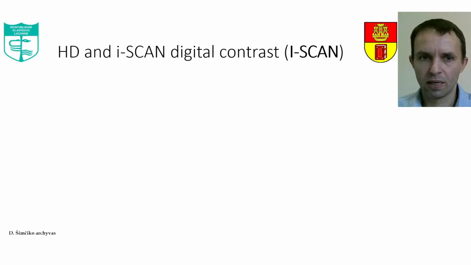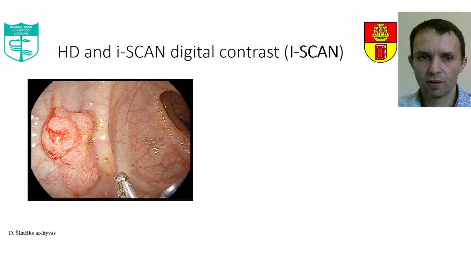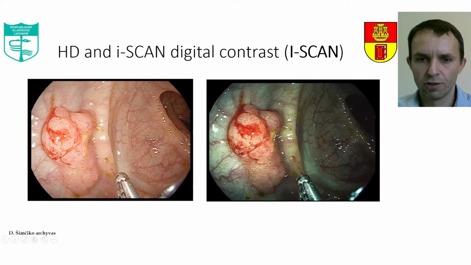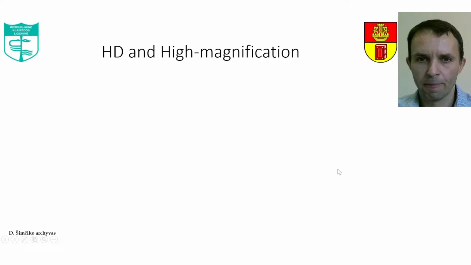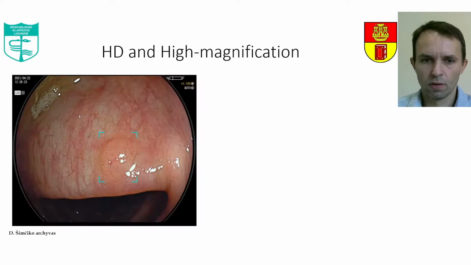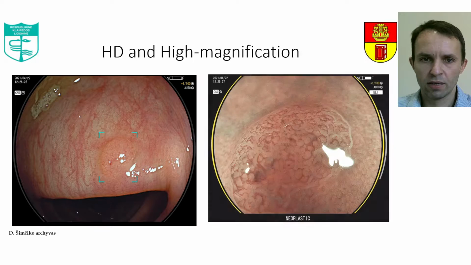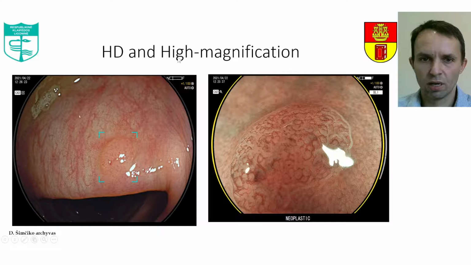The next example is with the third virtual chromoendoscopy system, i-Scan, and this is a high definition picture and an i-Scan picture. Also, we have tried high definition and high magnification.